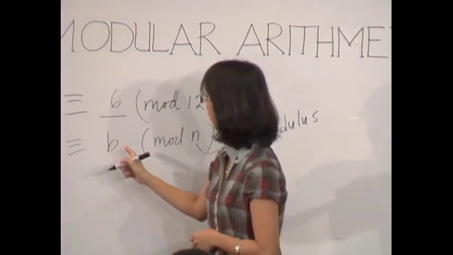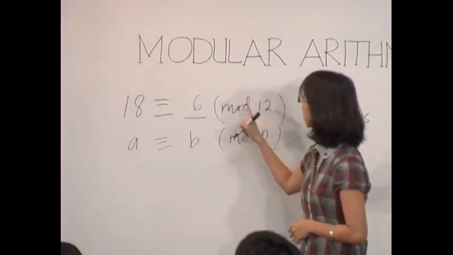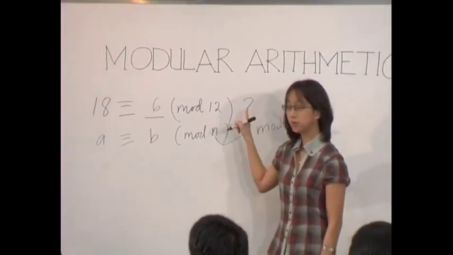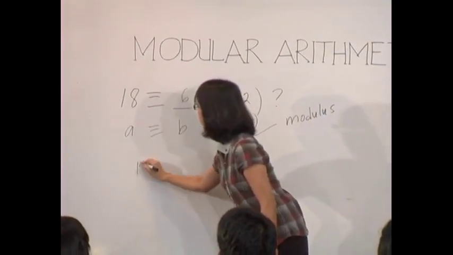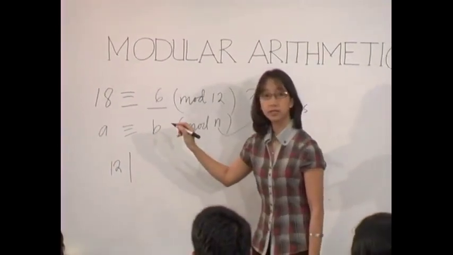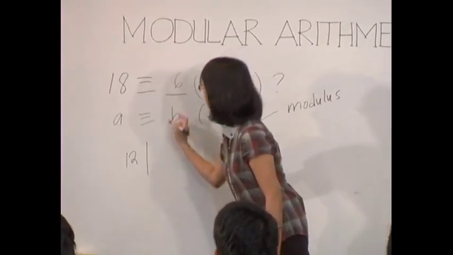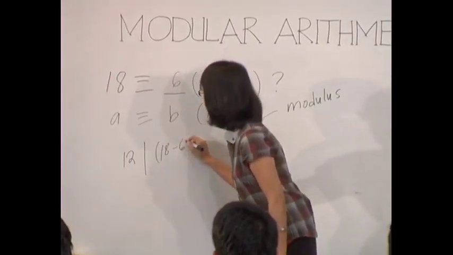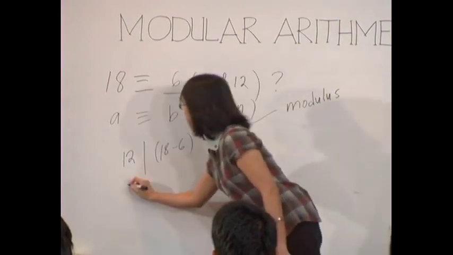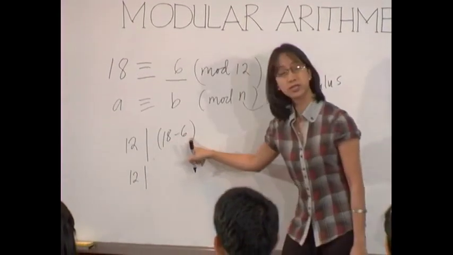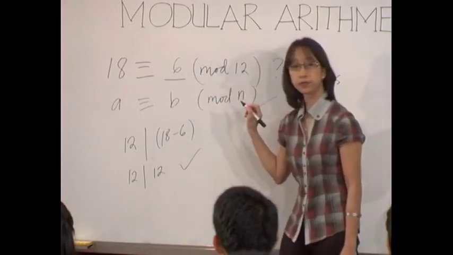Using the definition, 18 is congruent to 6 modulo 12 if and only if the modulus 12 divides the difference a minus b, which is 18 minus 6, right? So, does 12 divide 18 minus 6? What's 18 minus 6? 12. Does 12 divide 12? Yes.